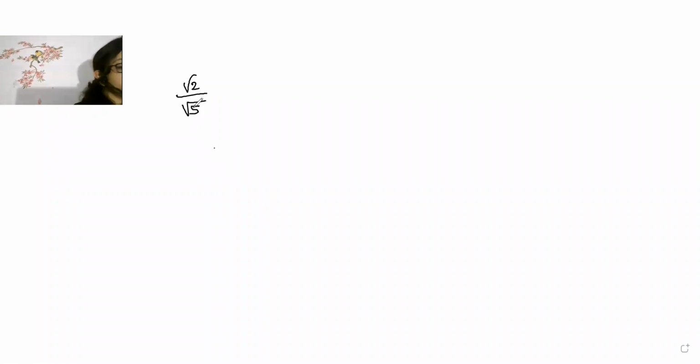Oh, super. Acha, Darshini, I'll explain, beta. Darshini, I'll explain one more time. Divyash is telling 2 by 5. Okay. Vishal, 2 by 5. Keshav, root 10 by 5.